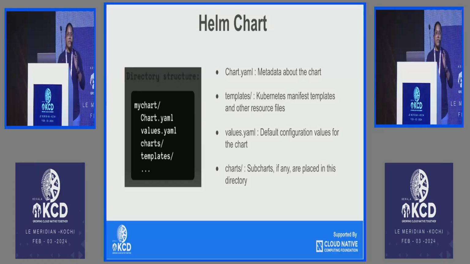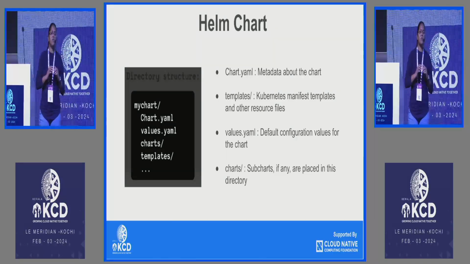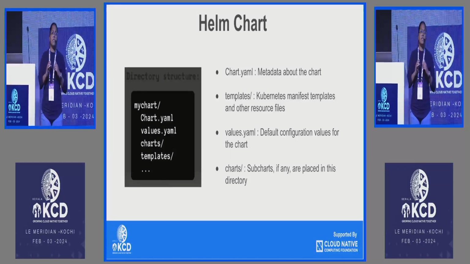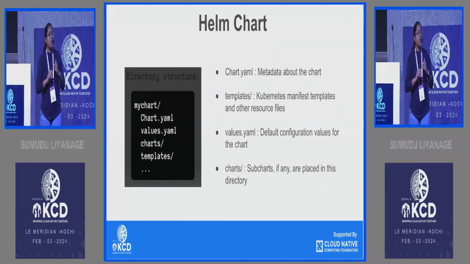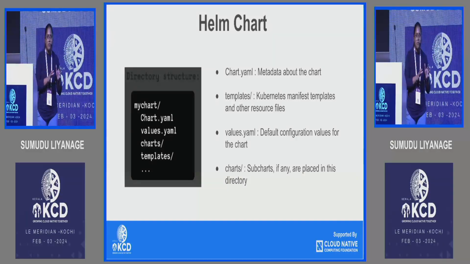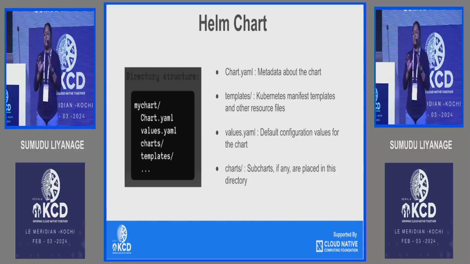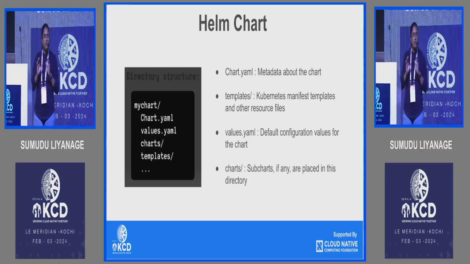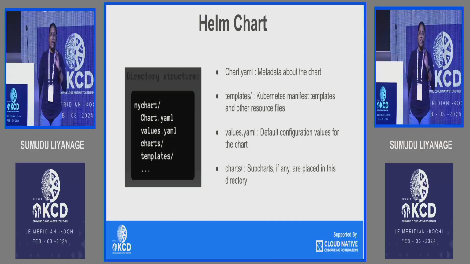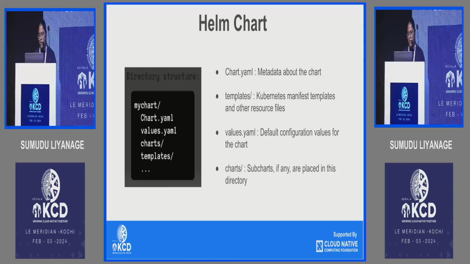If you look at the directory structure of a Helm chart, in the root folder you have the Chart.yaml, which includes the metadata about the chart. And all the Kubernetes manifest templates are stored inside the templates folder, and the configuration values for a particular chart are stored inside values.yaml. And if there are any dependency charts, they are stored inside the charts folder.